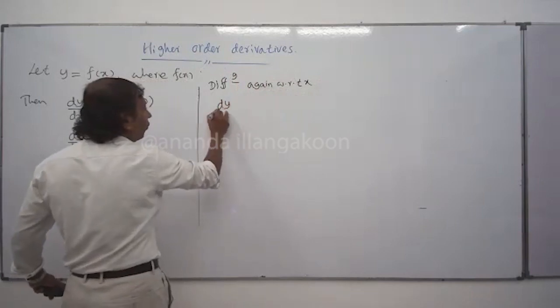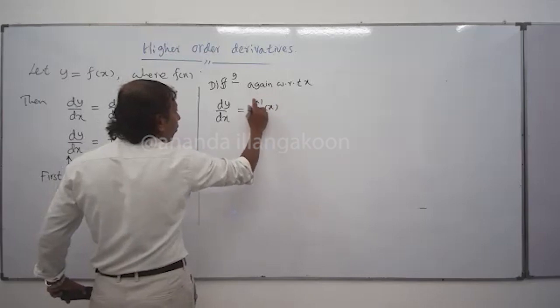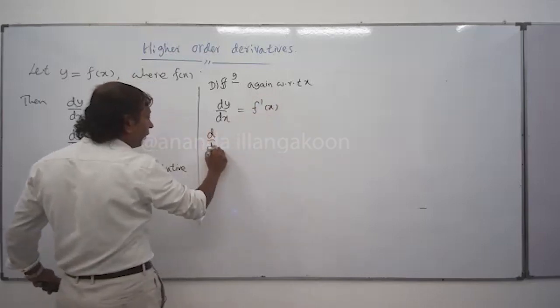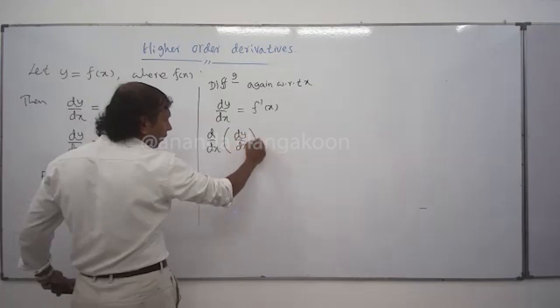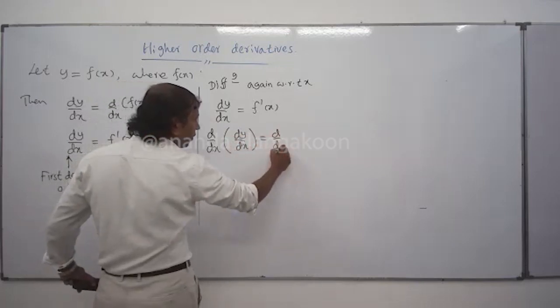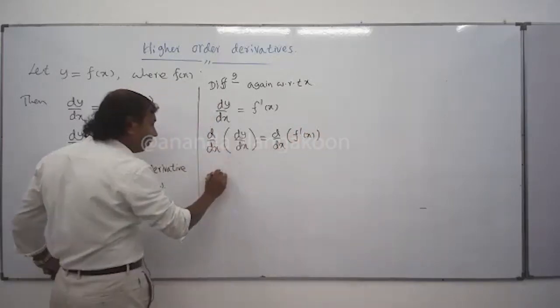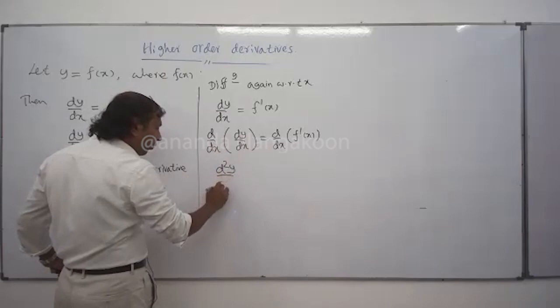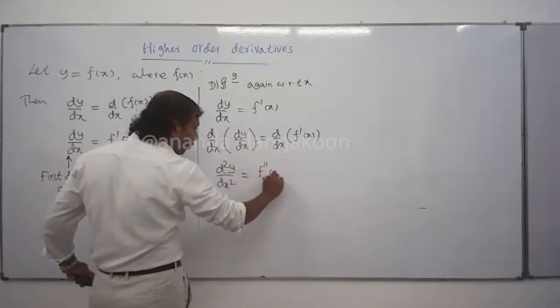The first derivative we differentiate. dy/dx is f'(x), no? Then we apply the differential operator, d/dx, to dy/dx, d/dx of f'(x). This is written as d²y/dx², and the right hand side is f''(x).